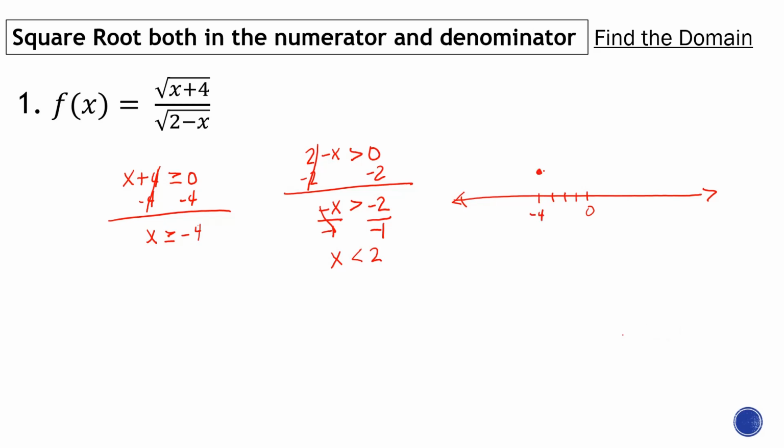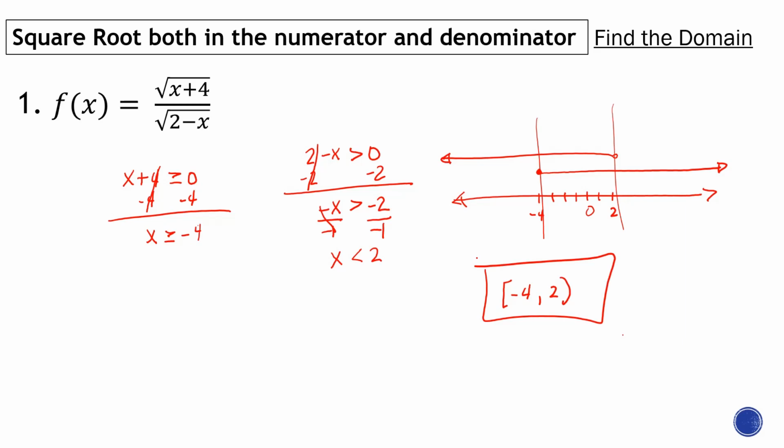It says greater than or equal to, so here is the greater than or equal to. And then for x less than positive 2, this is the graphical representation of that. Our intersection is this, which means the domain is from negative 4 to positive 2.